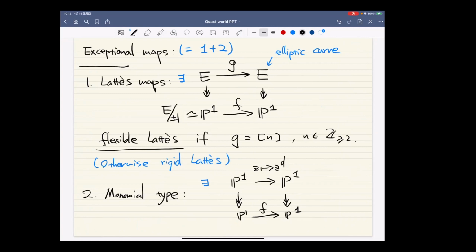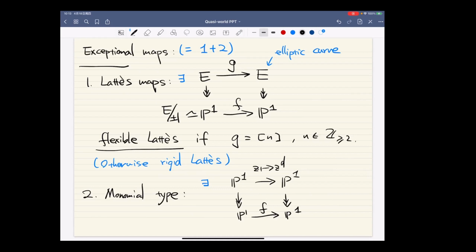We will also need some notion of exceptional maps, because in complex dynamics, sometimes for the exceptional maps, we get some counterexamples. There are two types of exceptional maps. The first one is a Lattès map. We say that f is a Lattès map if we have the following commutative diagram.